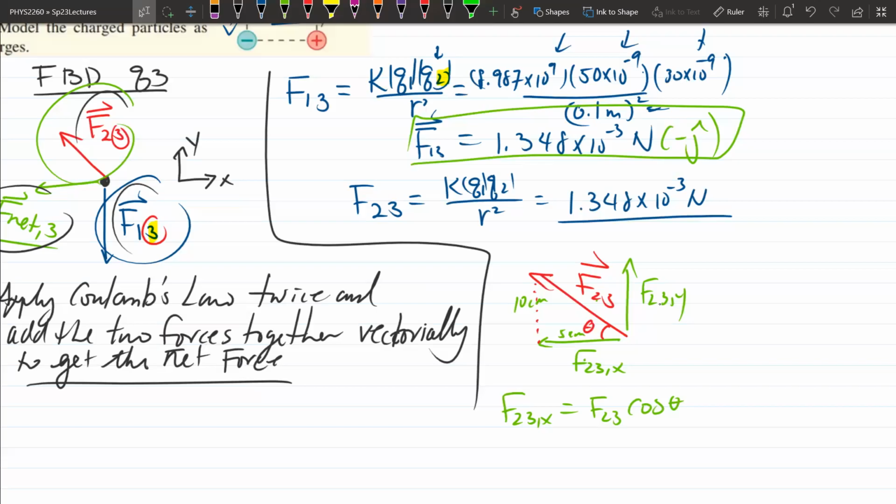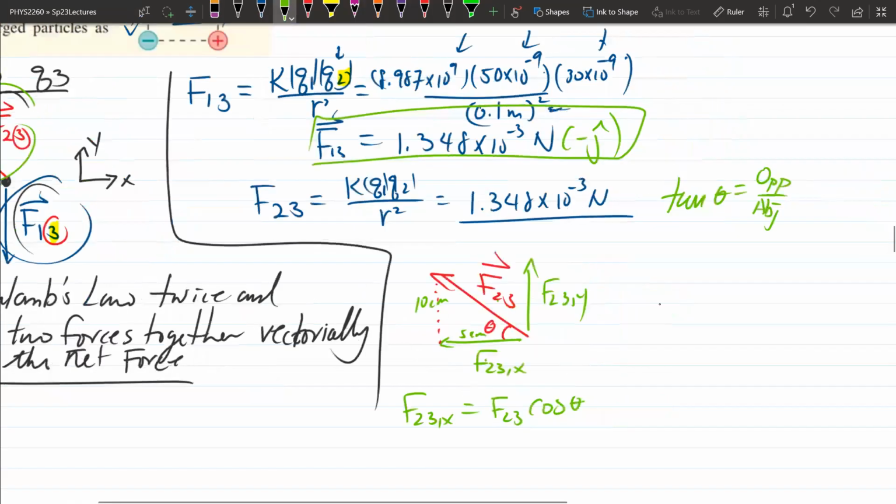If you want to do your SOHCAHTOA thing, tangent of an angle is the opposite over the adjacent. We know the lengths of this triangle, which is similar to the triangle of the force, so they have the same angle. Therefore, the opposite length is 10 centimeters.